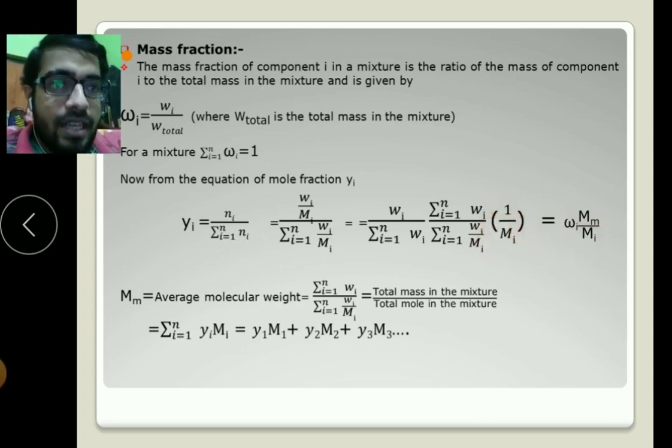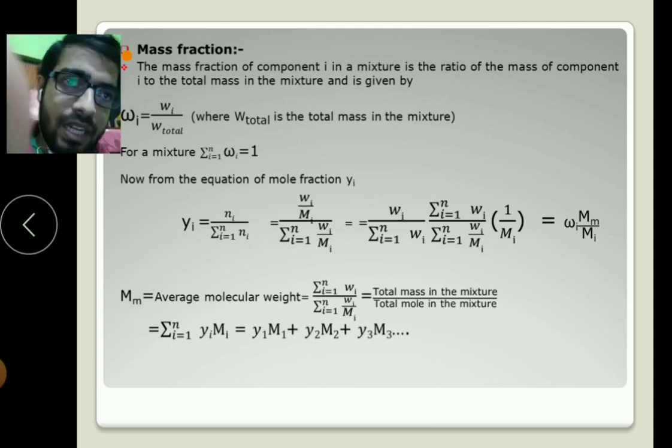So see that the mole fraction is equal to mass fraction into average molecular weight divided by mi, the molecular weight of the component. We are calculating mass fraction and mole fraction, sorry, not weight fraction.